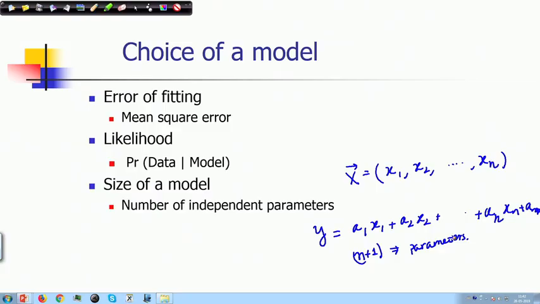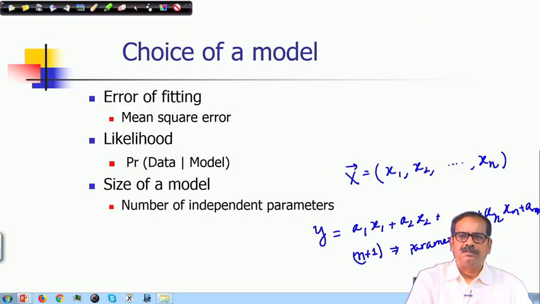If you consider only a subset of feature vectors, where only certain dimensions are related to these observations, then your model size also gets reduced. Or if you want to use nonlinear forms, then there will also be coefficients for the nonlinear terms and your model size will increase, as there would be more parameters. So, this is an example that depending upon your model description, the number of independent parameters varies, and they determine in one way the complexity of a model.